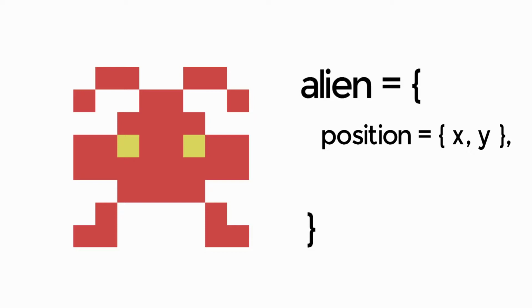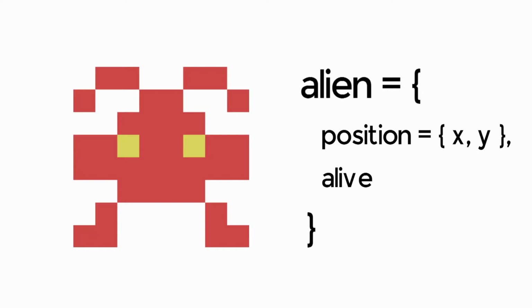So we'll have again our position subobject with the x and y coordinates. But we'll also need some way of telling the system whether this particular alien is dead or alive. So we can create another alive variable and put that inside our alien object as well. We can use this basic template as a starting point for our new alien object.